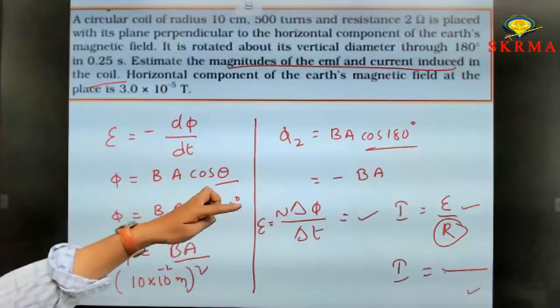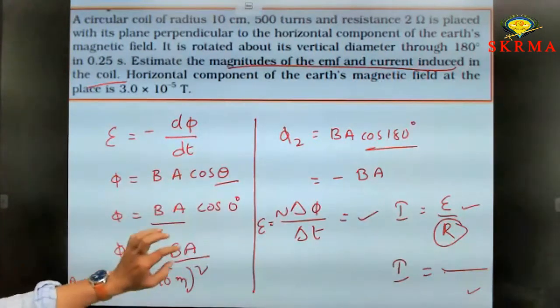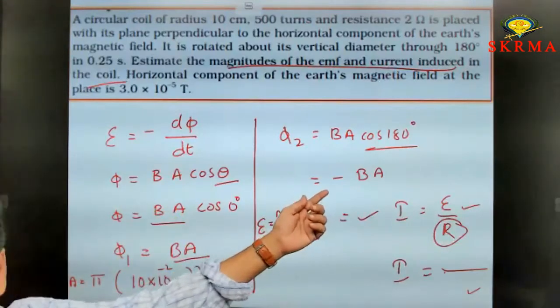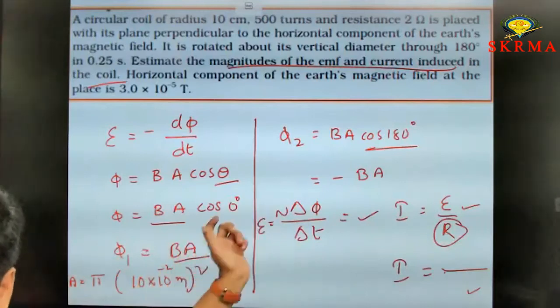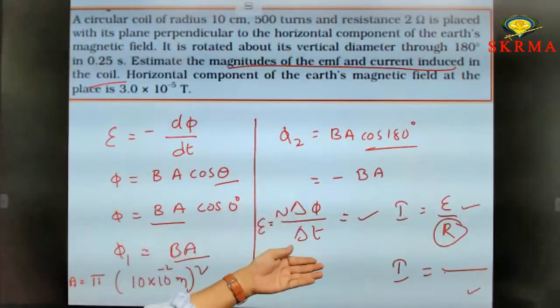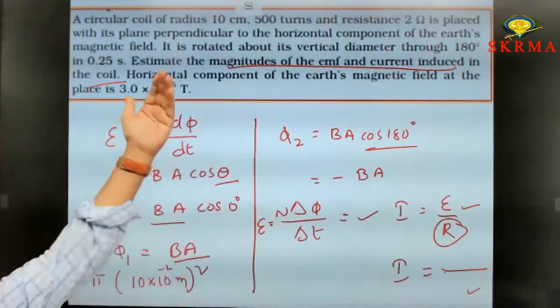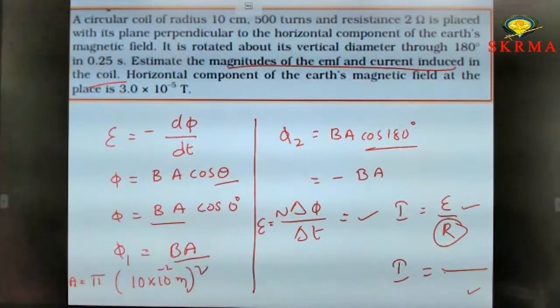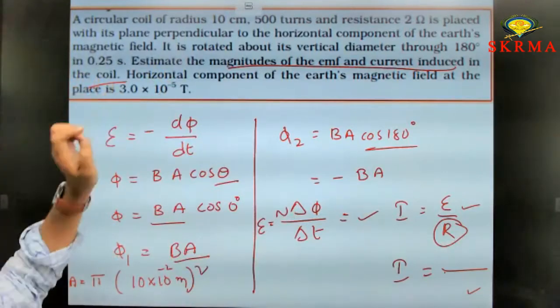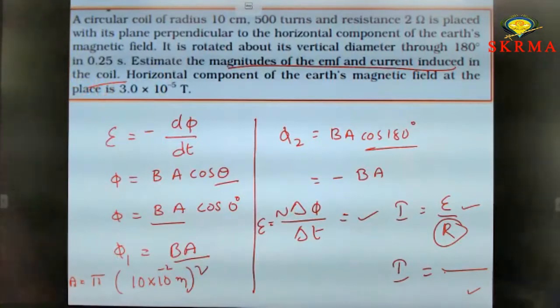Whenever you take delta phi, this is 2 times BA minus of minus BA. The total is 2BA by dt, and N is here 500. I think they gave the t value also. t is given as 0.24 seconds.